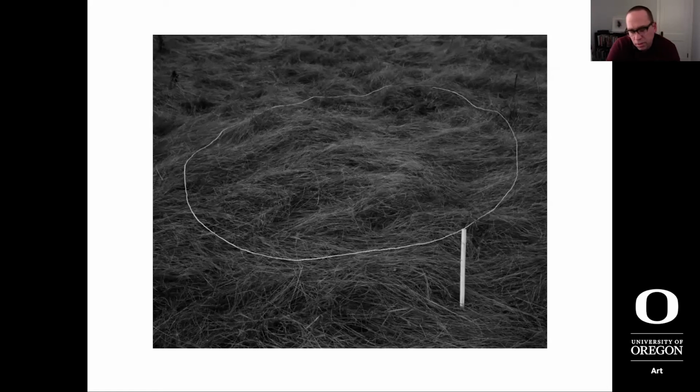This image would be a good example of an image with ideas of levitation or receding space or some sort of optical confusion happening, even though it's a very straightforward photograph.